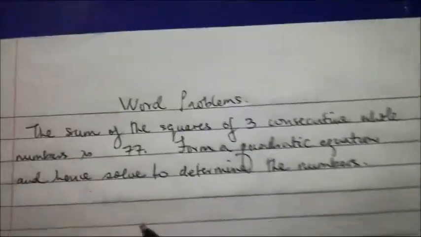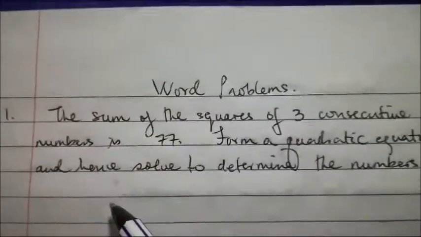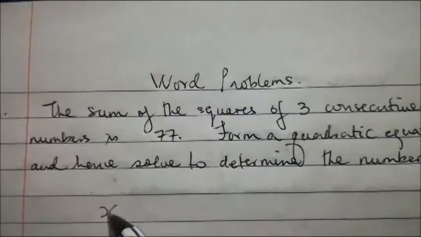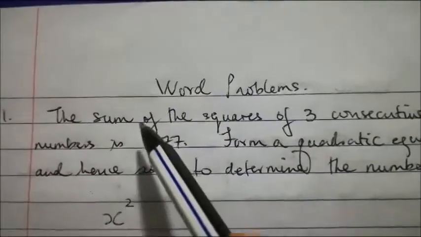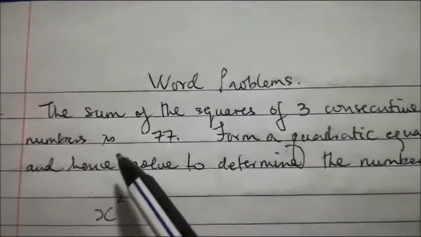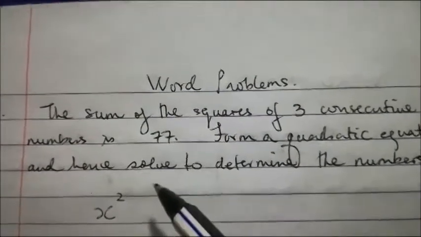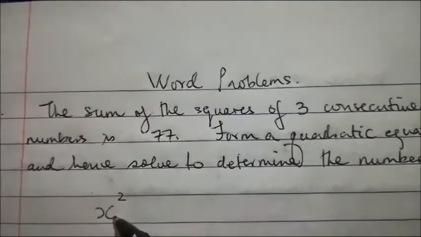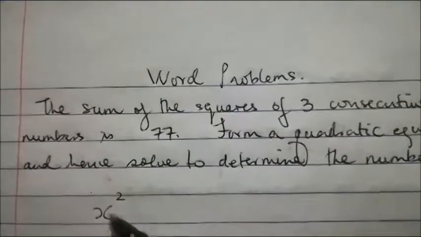We're going to represent the first number by x. So let us square x then, because it is said these whole numbers are going to be squared, right? So the x will represent the first one in the series.